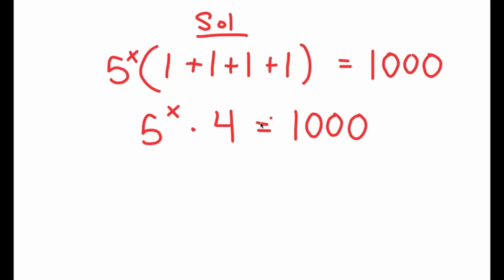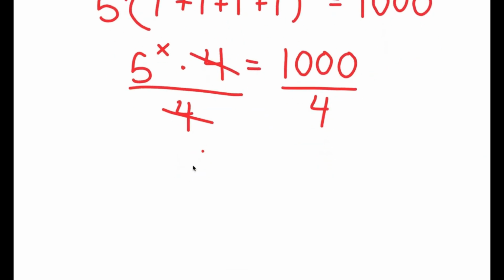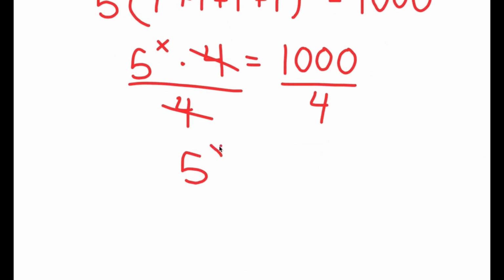Now, we want to isolate x, so I'm going to divide both sides by 4. So then these two cancel out, and I get 5 to the power of x is equal to 1,000 divided by 4, which is 250.